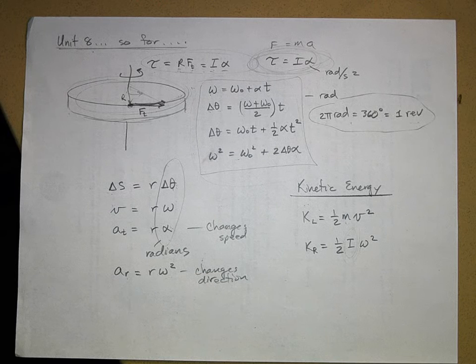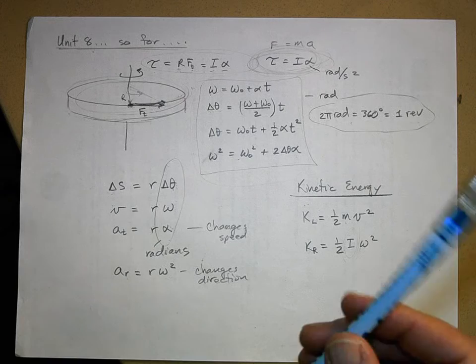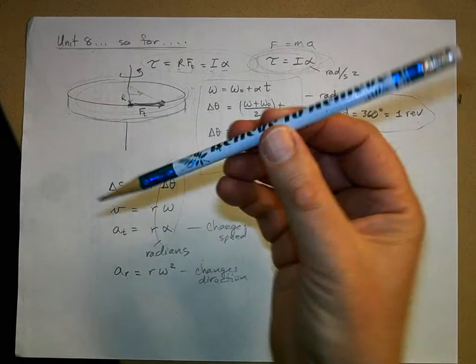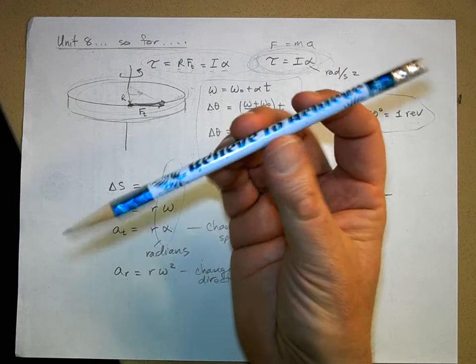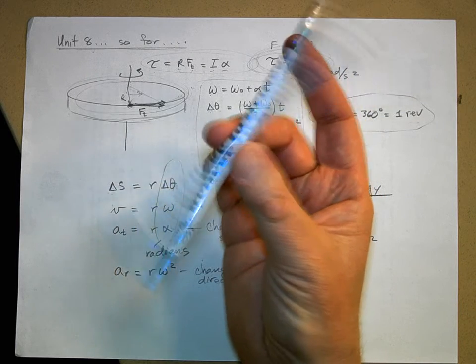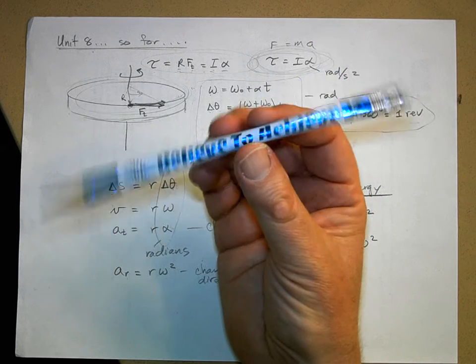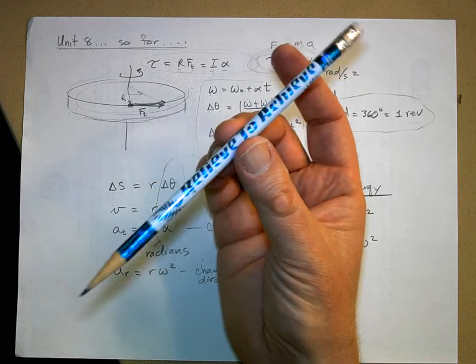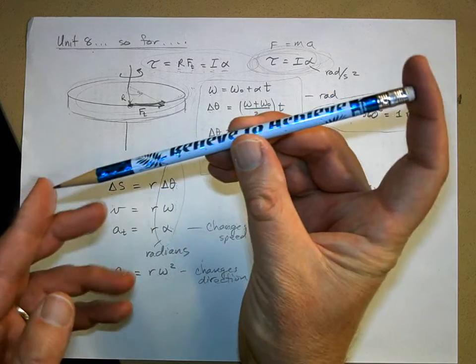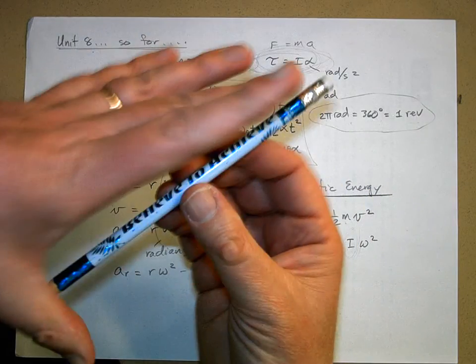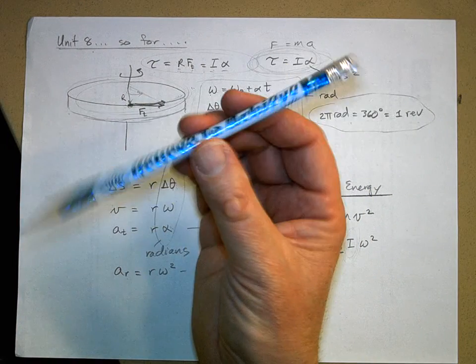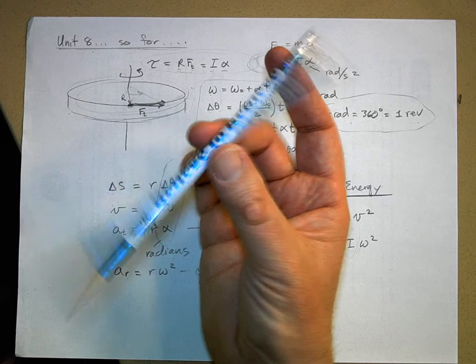If I took a stick and rotated it about its center, it's 1/12 m L squared. It doesn't have a radius, but it has a length. So if I rotate it about its center, the rotational inertia is 1/12 m L squared.